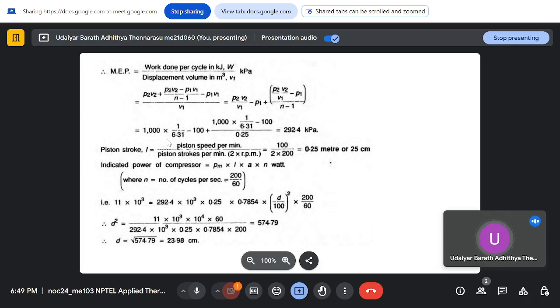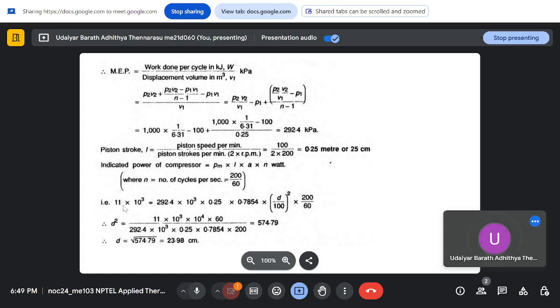So that is the piston stroke length, and the indicated power is the mean effective pressure into stroke length into the area into the number of cycles per second.